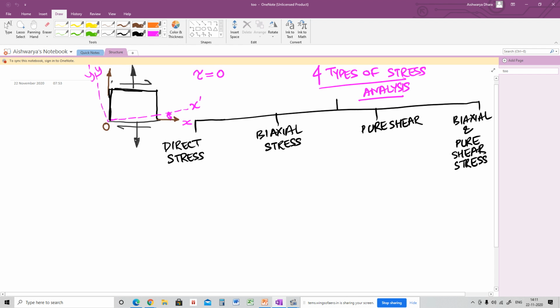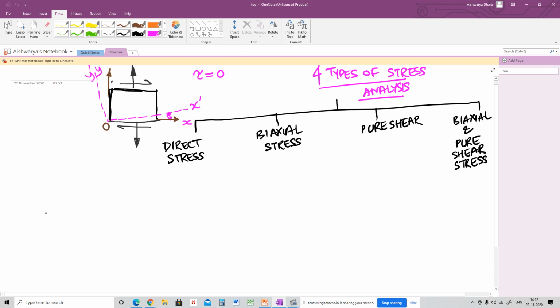Along with me, please note down, and whatever I am drawing, you copy that, so the concept will sink into your mind. Here we will see many free body diagrams, which we will solve when the load is acting on the body.